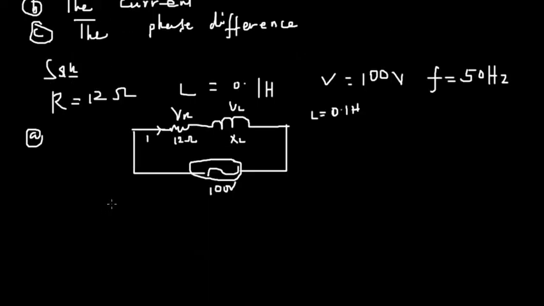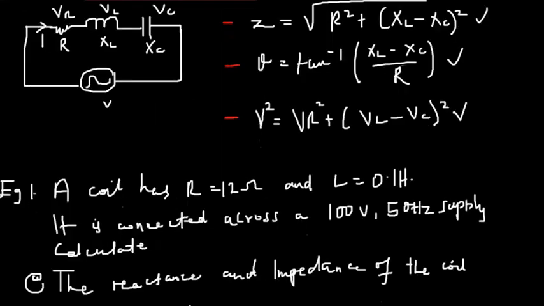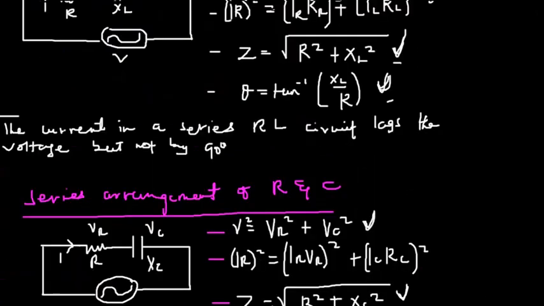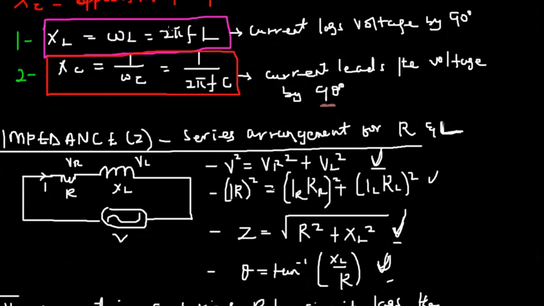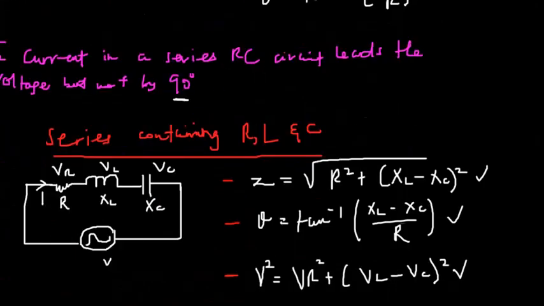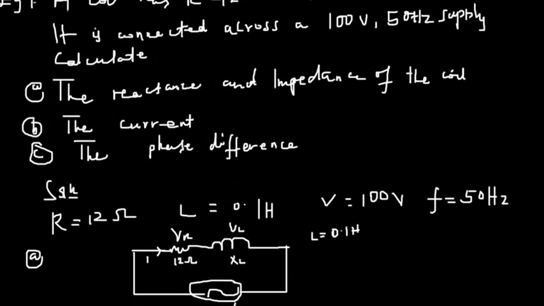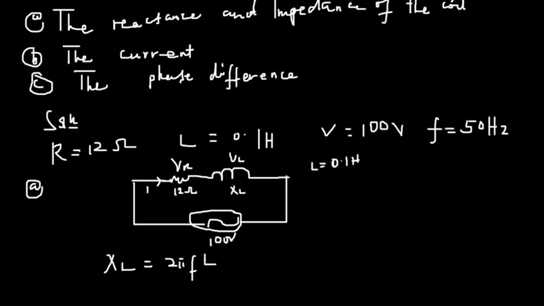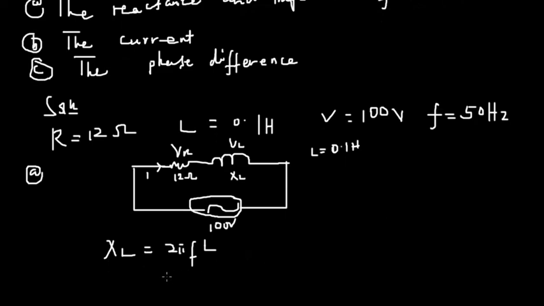So first we know that XL is equal to 2 pi FL. Yes, we can recall that from the first formula, this formula, where we can find impedance.